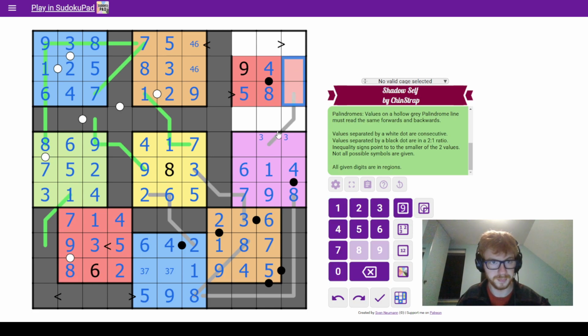This 4 fixes the 6 and the 4. What do I need? 1, 2, 3, 4, 5, 6, 7. Am I missing a 7? Oh, I'm missing the 7 and the 3. What am I missing here? 1, 2, 3, 3. So that's a 3. Okay.